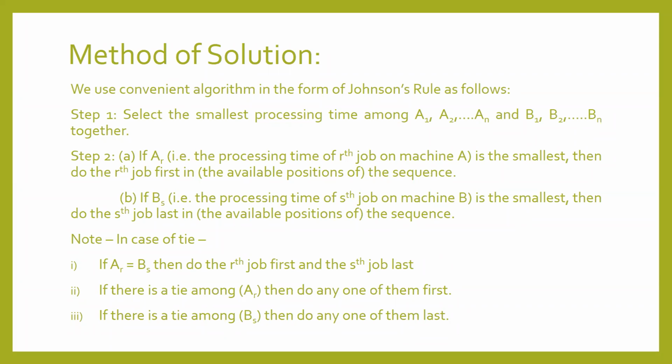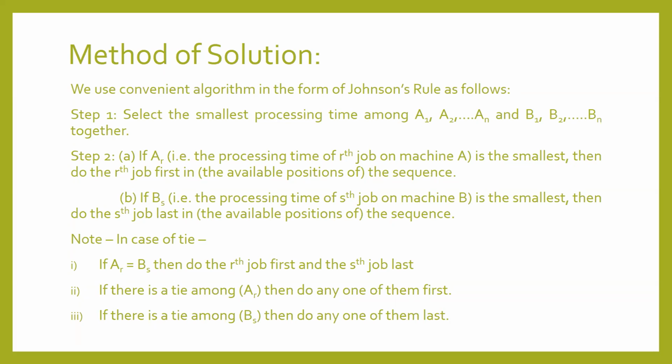So if suppose job number 3 has already been put in the sequence, then I have to cancel that, ignore that particular column or job, and then search for the next smallest processing time, and again follow the rule of step number 2, that is A and B, and assign that job in the sequence. Clear? That is how we are going to move ahead.